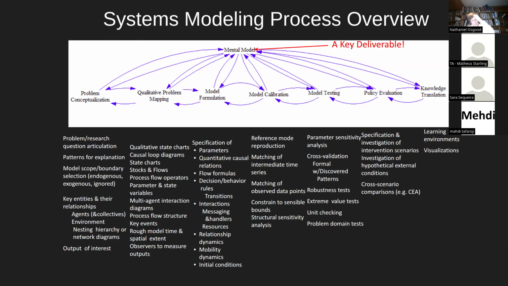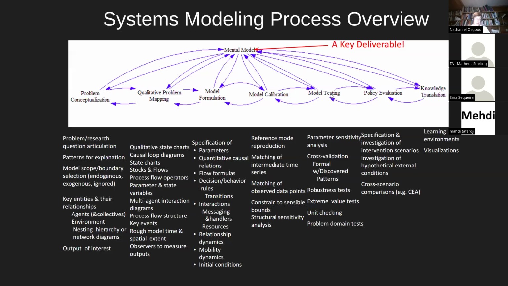So if we think about the modeling process, we're going to learn in this boot camp that it goes in several stages. And these stages, befitting a process focused on learning, are iterative. We go back and forth. If things don't work out in model calibration, we might change our model formulation. Thinking it through at a qualitative problem level might lead us to formulate a model a certain way, but thinking that through at a sharpened level might lead us to refine our qualitative mapping in a causal diagram, for example, or some variant of that adapted for agent-based modeling.